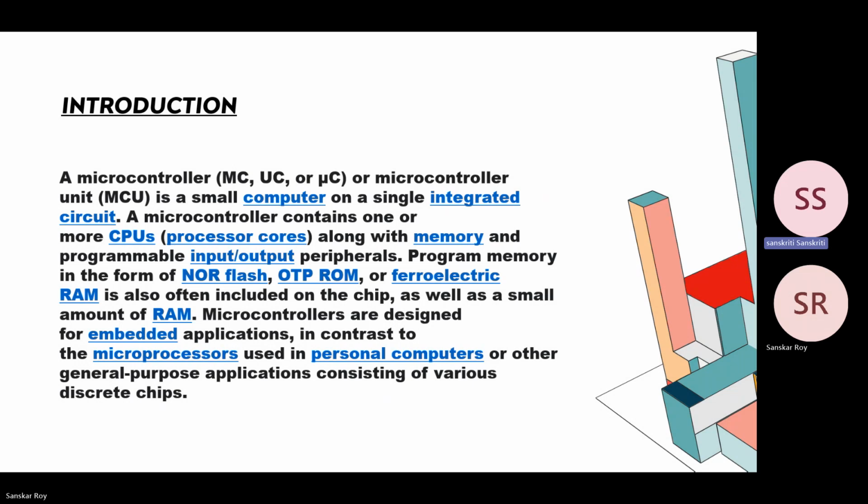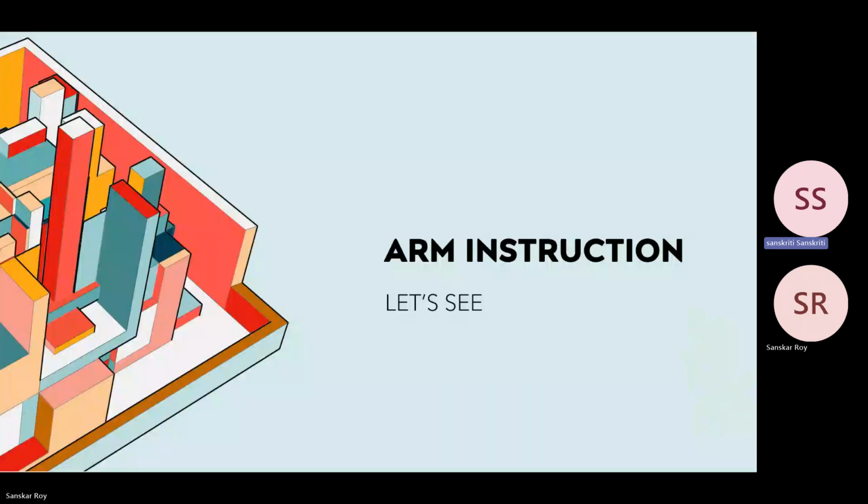Program memory has NOR flash, OTP-ROM, and ferroelectric RAM is also often included on the chip, as well as an amount of RAM. Microcontrollers are designed for embedded applications, which you have to remember. Personal computers or other general purpose applications consist of various discrete chips. This is what a microcontroller is.